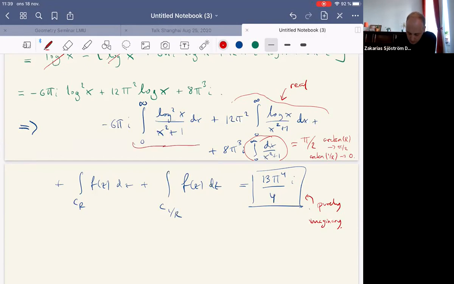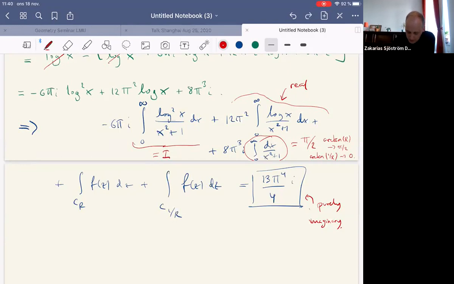And then, of course, the big one is this, which is just the integral, which I call I, the integral we were interested in from the beginning. So now we know that, so this has to be 0. Well, we don't know that yet, actually.